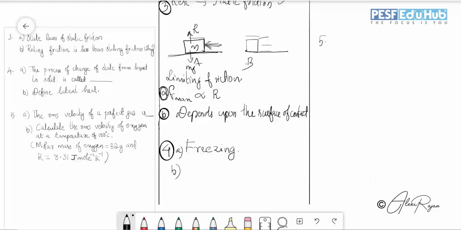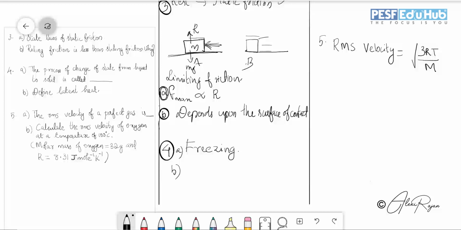Okay, so here the RMS velocity of a molecule is given by root 3RT by M, where R is the universal gas constant, M is the molecular mass of the gas, and T is the absolute temperature of the gas.